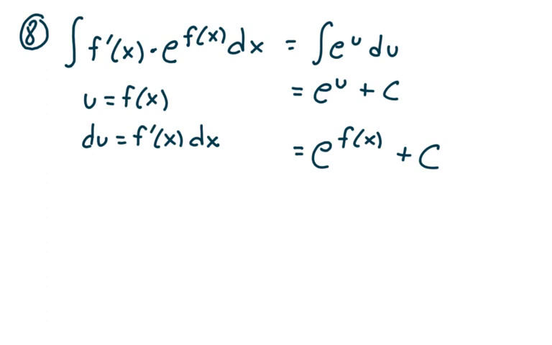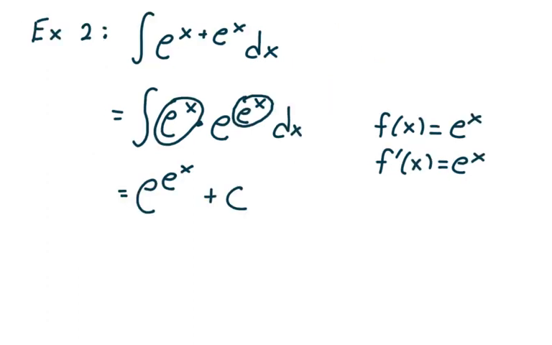So it's really slick. For example, suppose I had the integral of e to the x plus e to the x dx. Well, I can write that as the integral of e to the x times e to the x dx. Now, notice that f of x is equal to e to the x, and the derivative of e to the x is indeed e to the x.